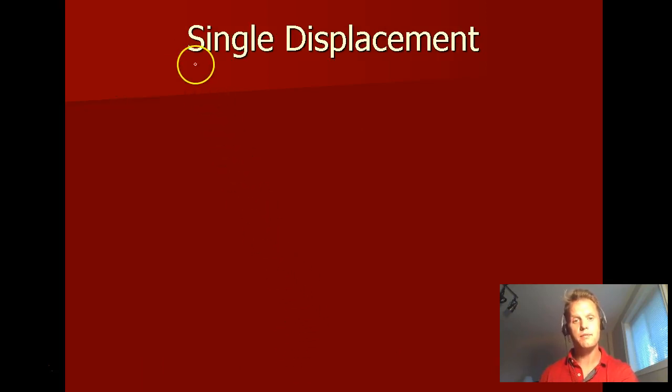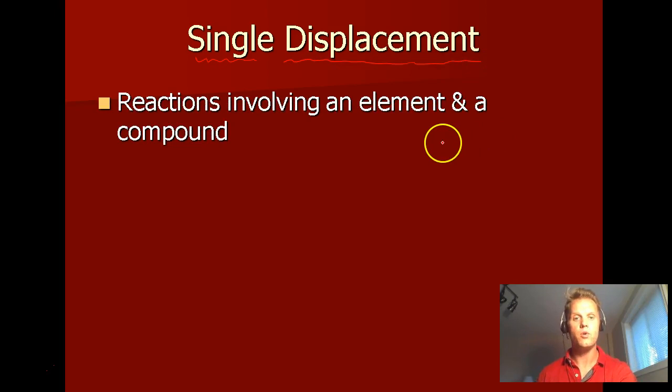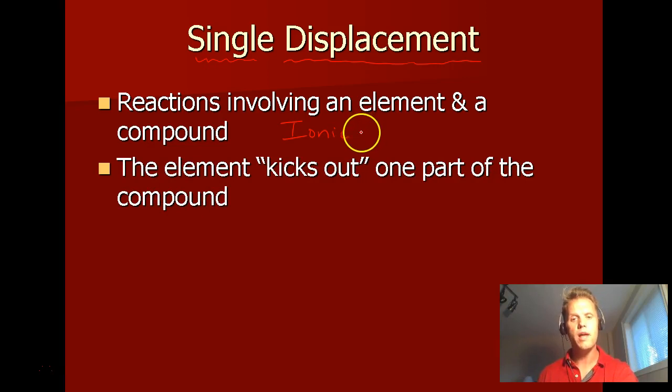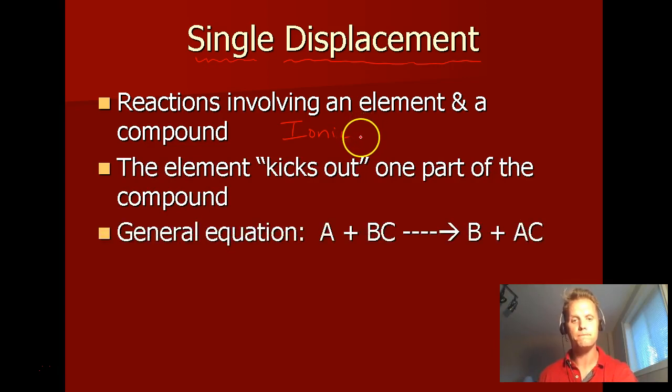Single displacement. Single means 1, displacement means to change, so we're changing just one thing. So normally this involves ionic compounds, which are, again, a cation and an anion, a metal and a non-metal, and one element kicks out one part of the compound.